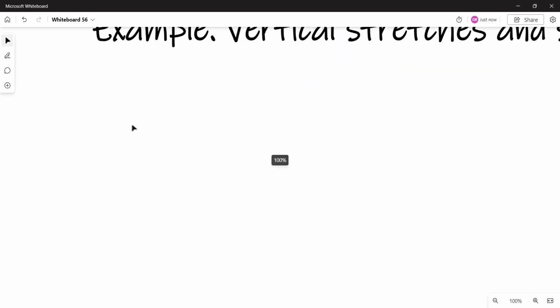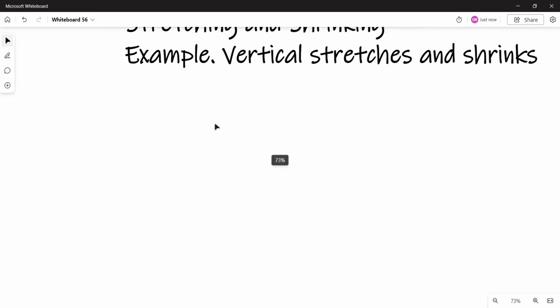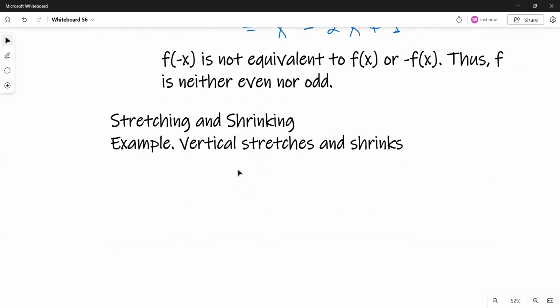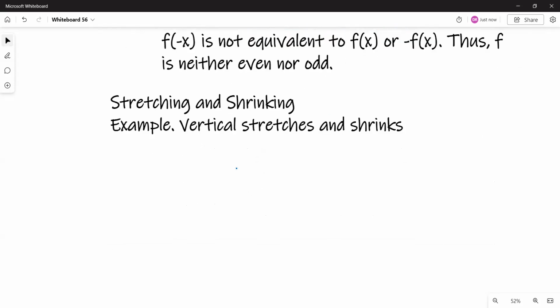So we will consider, okay, so we consider f of x equal to x squared.